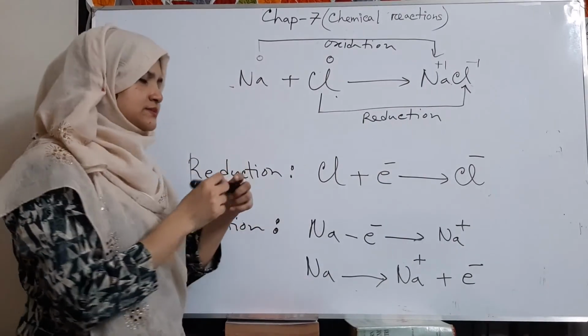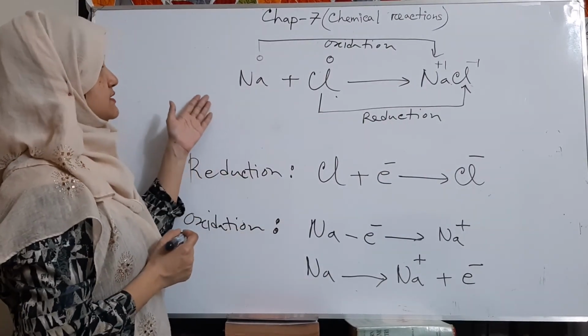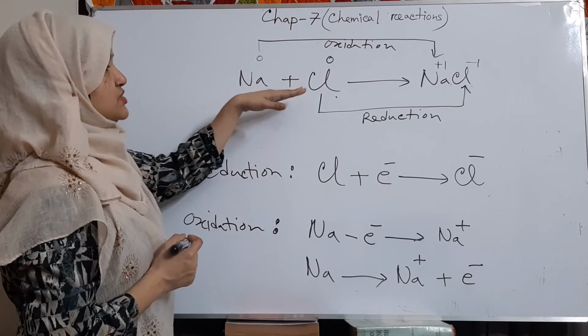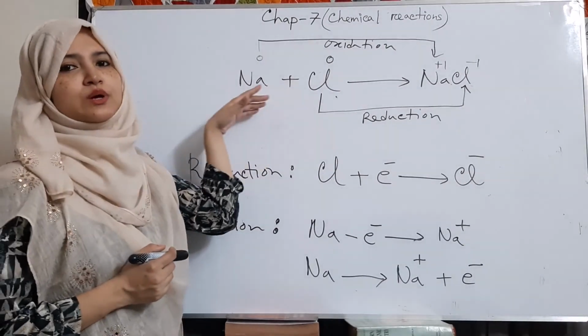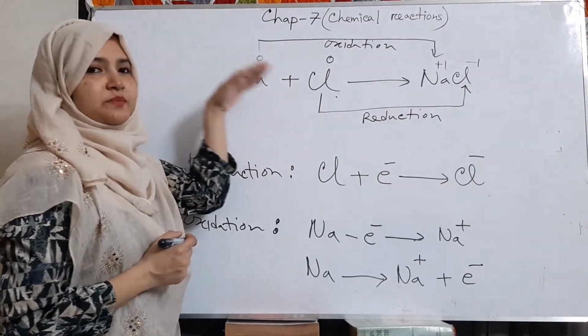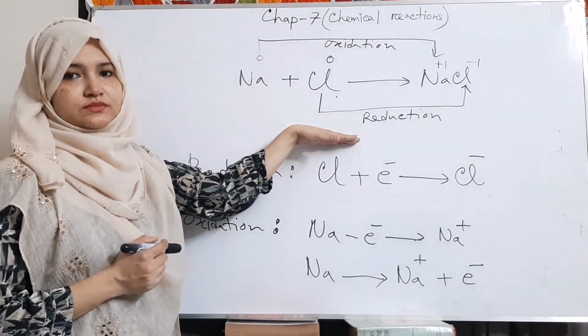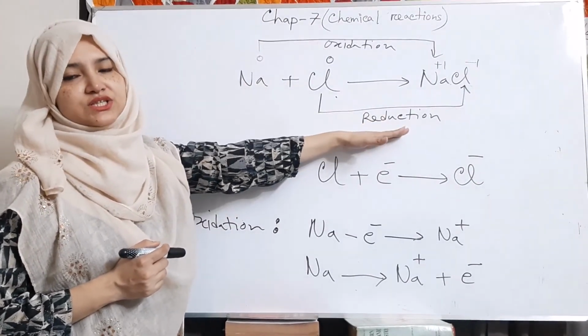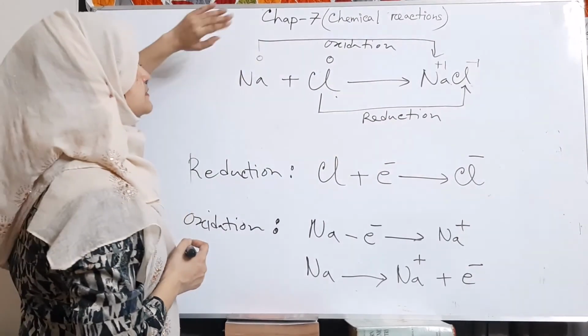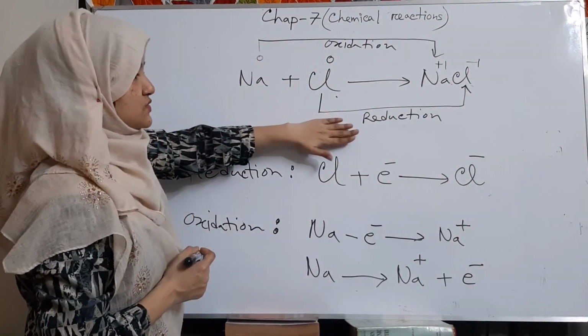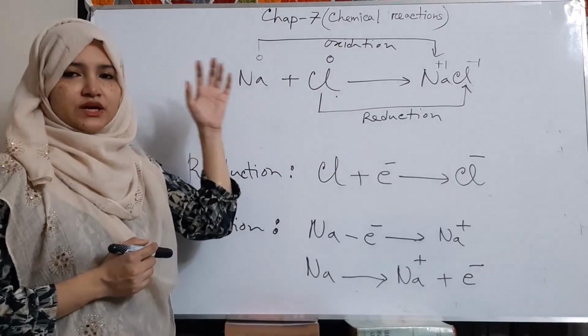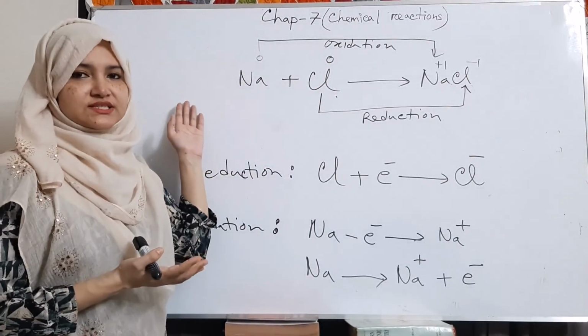Now we can easily understand that oxidation and reduction have to happen in parallel, at the same time in the same chemical reaction. That means oxidation and reduction reactions take place simultaneously.